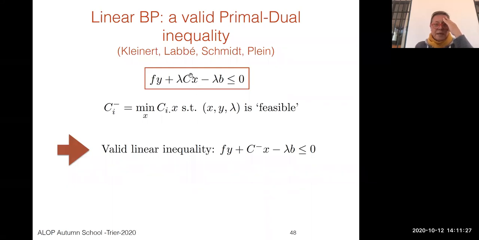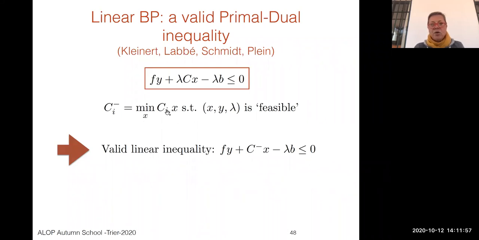You see, this is the sum over i, let's say, of lambda i times Ci x. And given that usually you have information on your primal variables x and y, and here x in particular, you can bound from below this expression.